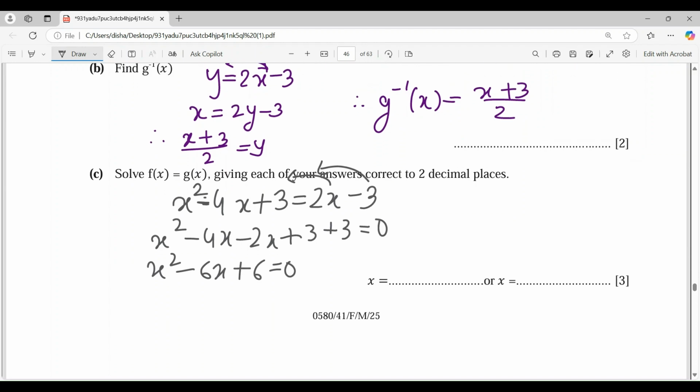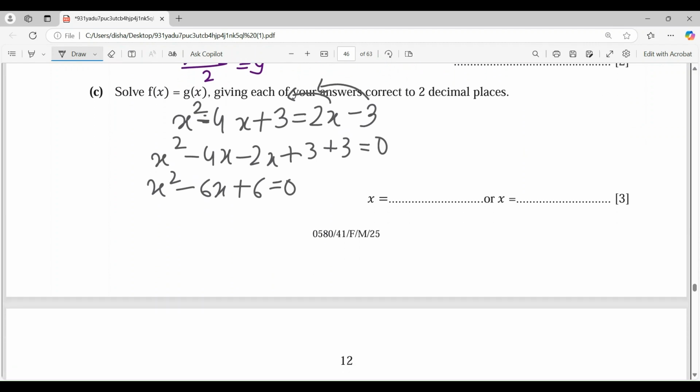Now here we have to use quadratic formula. And what is quadratic formula? x is equals to minus b plus or minus root d upon 2a. What is d? d is equals to b square minus 4ac.